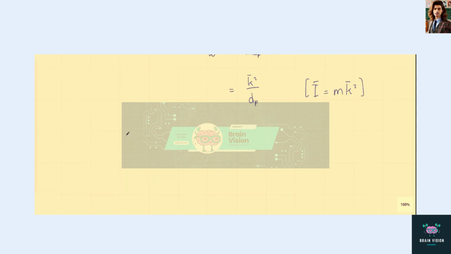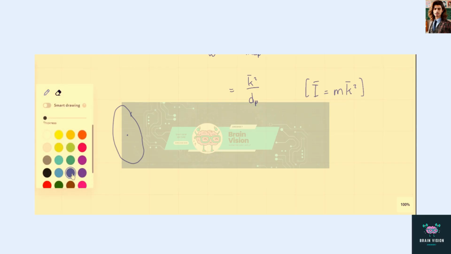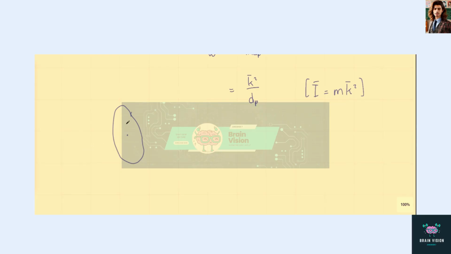Now we redraw our diagram and we locate point C. So here we have our mass center moving with velocity v bar, mass center of our rigid object.